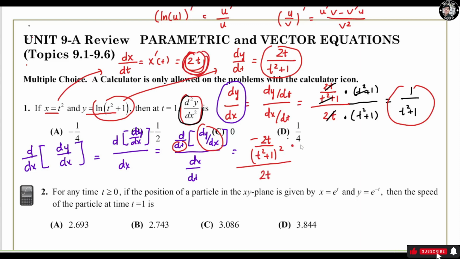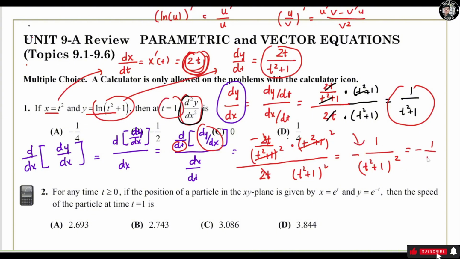Now you multiply the top and bottom by (t squared plus 1) all squared. This cancels out, and this cancels out. So the answer is negative 1 over (t squared plus 1) all squared. Now we substitute 1 for t, so we have negative 1 over 4. So the answer is A.